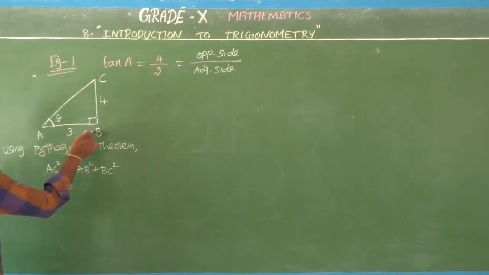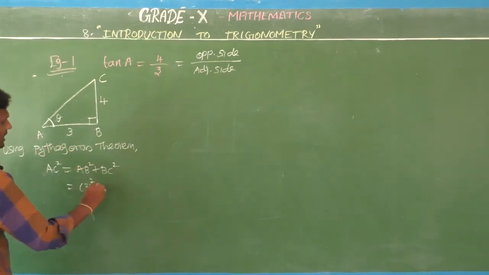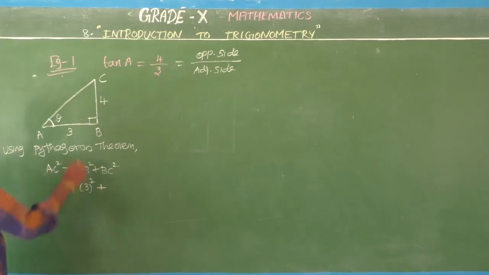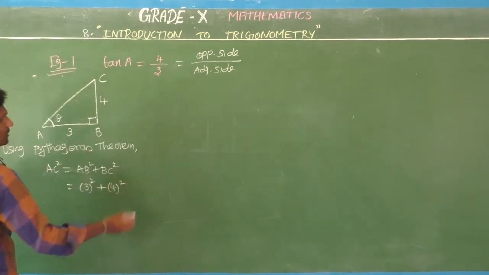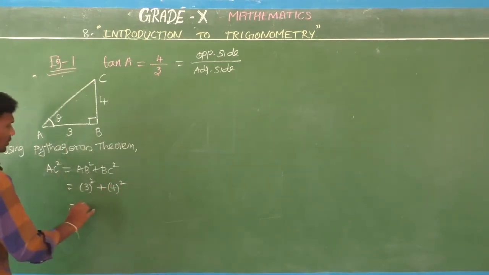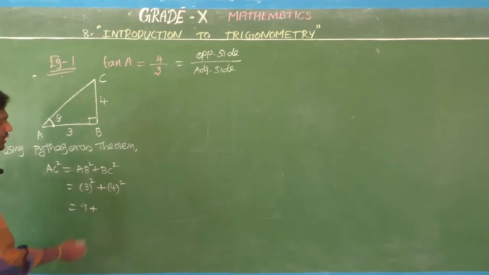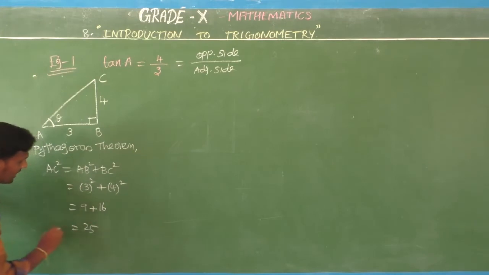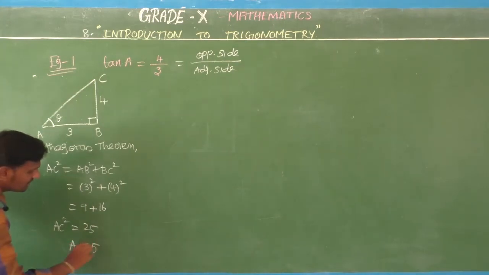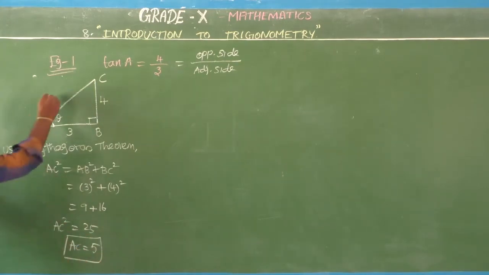Now AB is 3, so 3 squared, plus BC is 4, so 4 squared. 3 squared is 9 and 4 squared is 16. 9 plus 16 is 25, that is the value of AC square. Taking the square root of 25, the value of AC is 5.